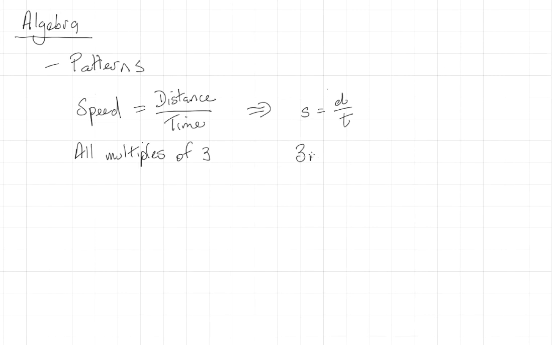If we think of 3n, and n is a positive integer, 3n will generate all the multiples of 3. n is a positive integer. The first positive integers are 1, 2, 3, 4, 5, 6. So all multiples of 3 we can write as 3n, bearing in mind that n is a positive integer.